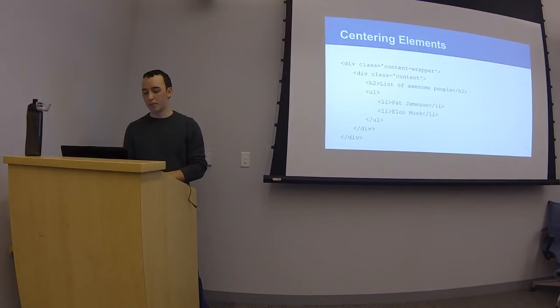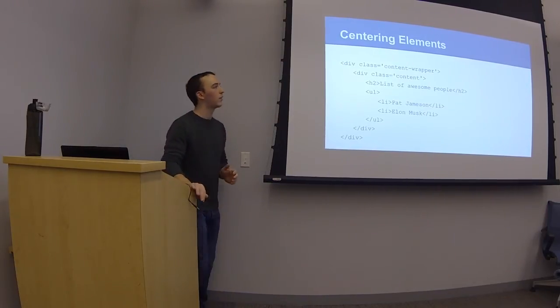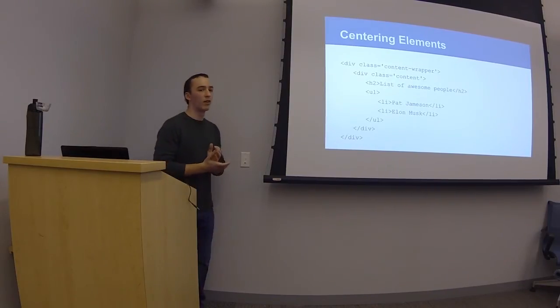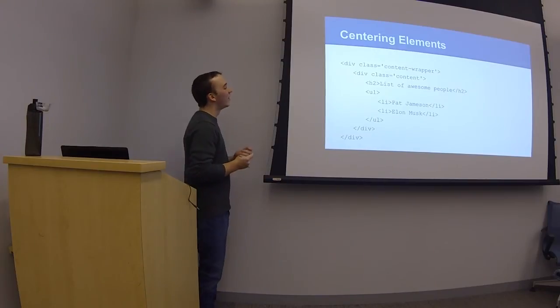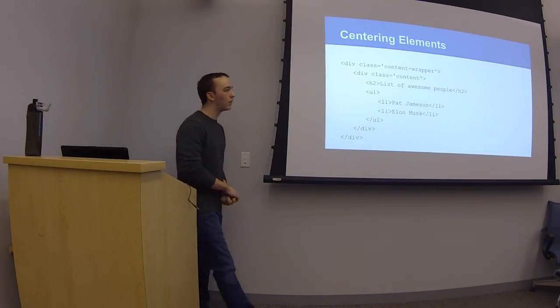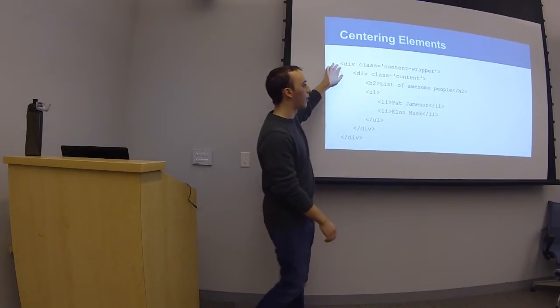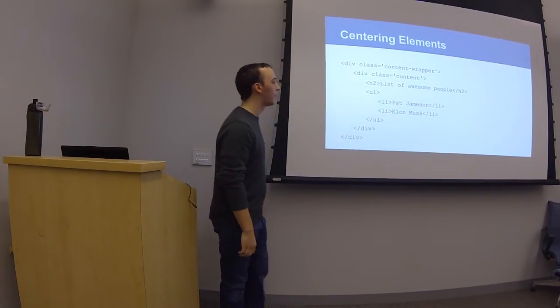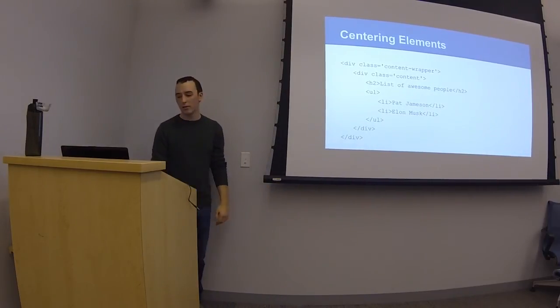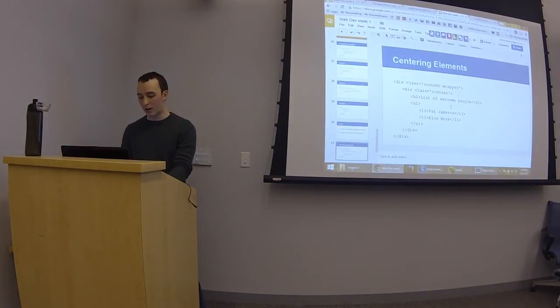So this is the first real hacky thing in CSS, which is centering elements. You would think that centering elements is easy and straightforward, but it's really not. So what I'm doing here is I have 2 divs, one that's called content wrapper and one that's called content. And then the content is just what we've done so far. So I'm going to copy and paste that in just to show you what this looks like.